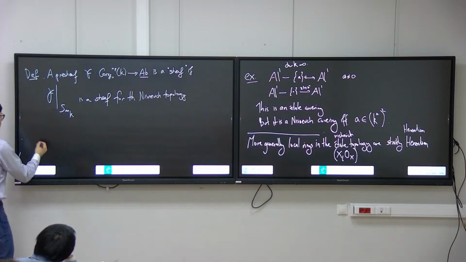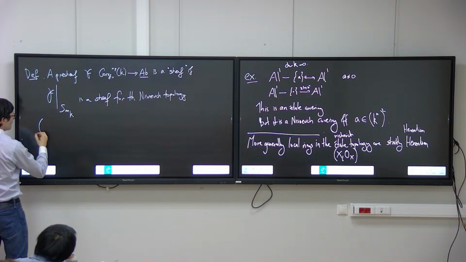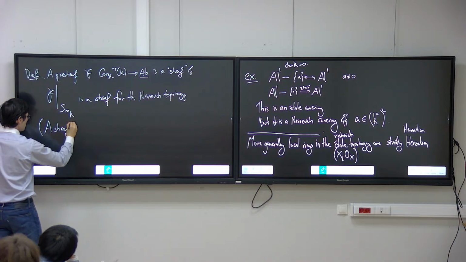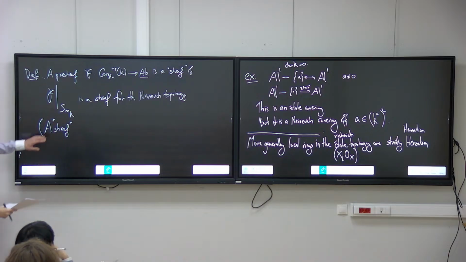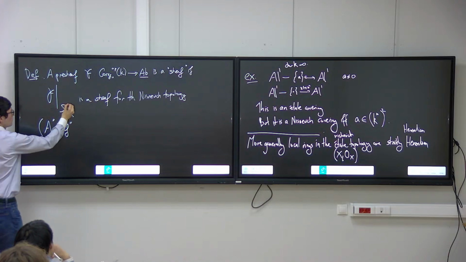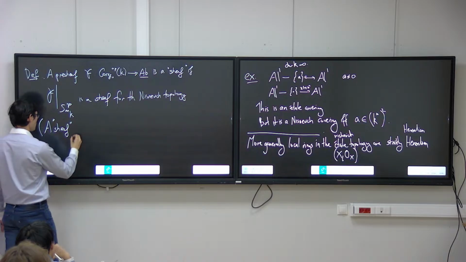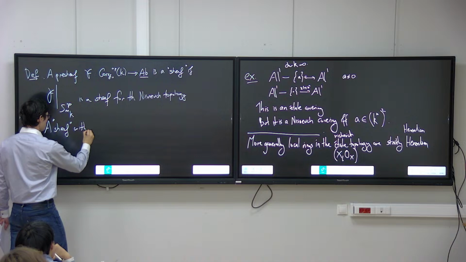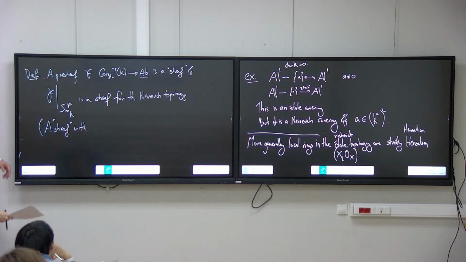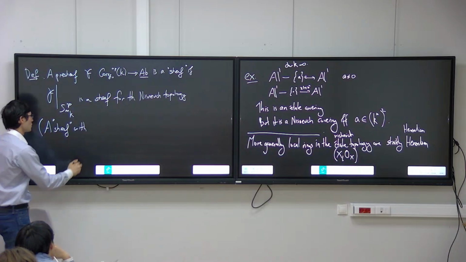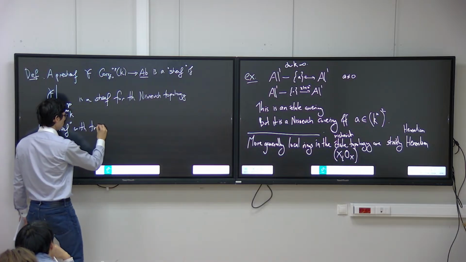So such a thing is called a sheaf with transfers, I guess. So you have an honest sheaf on the smooth schemes, but you also have this module structure coming from correspondences, so you get a sheaf with transfers.